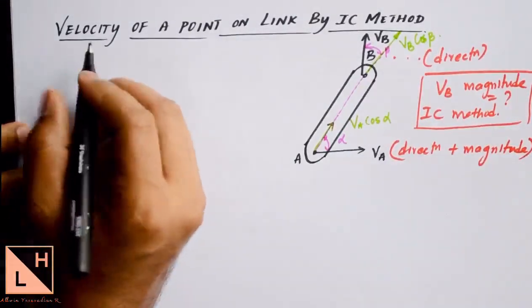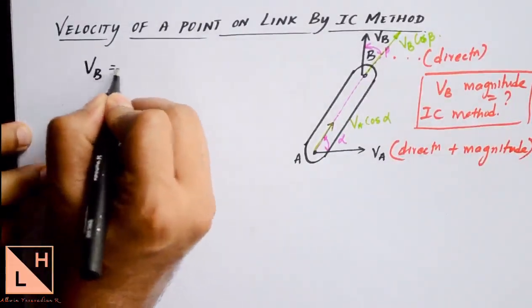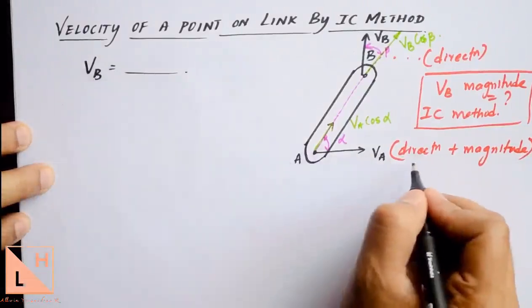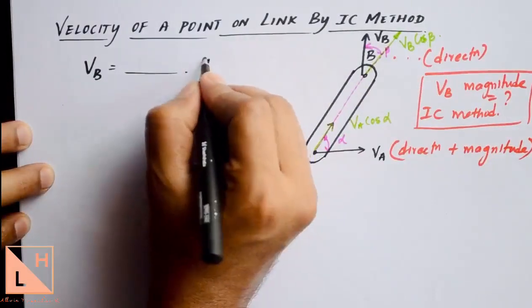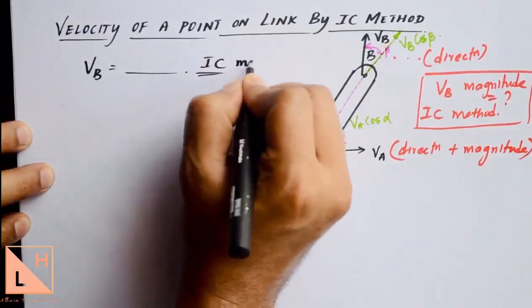So we will be able to find out the magnitude of VB with the help of the direction and magnitude of VA and the direction of VB, using which method? IC method. Now how do we do that?